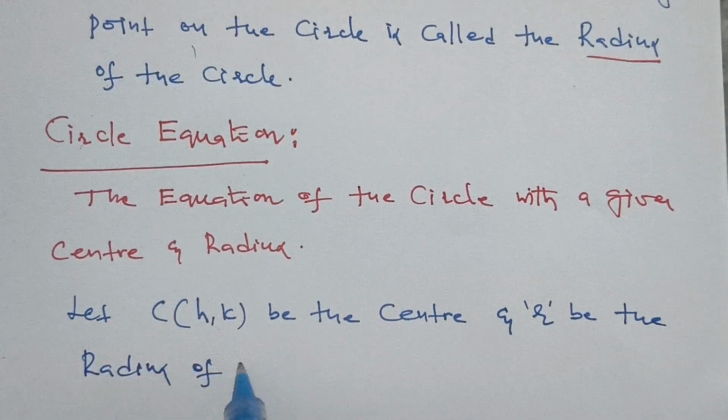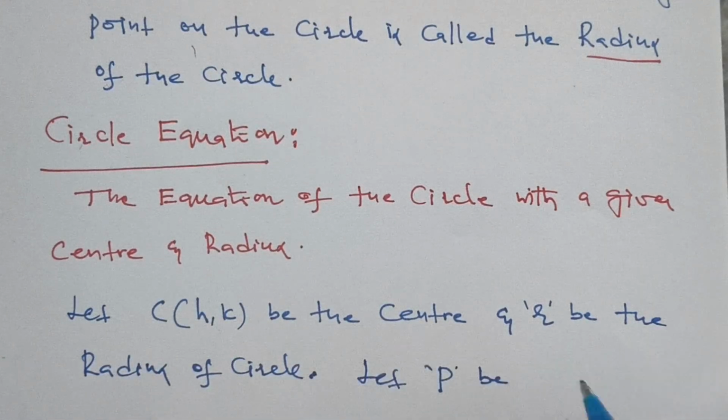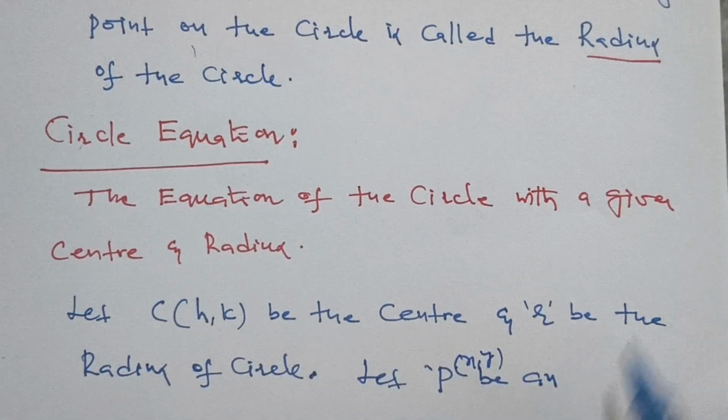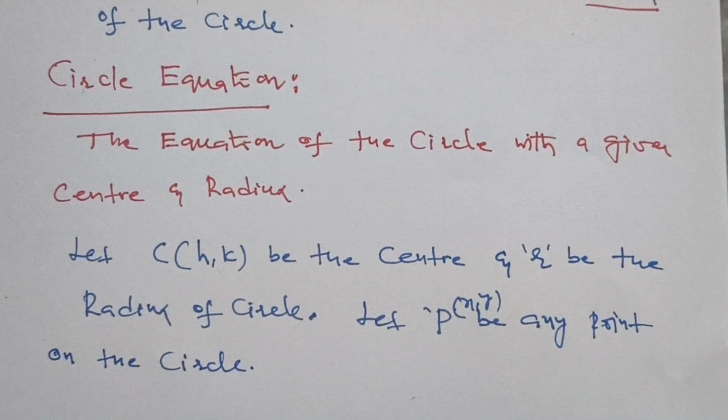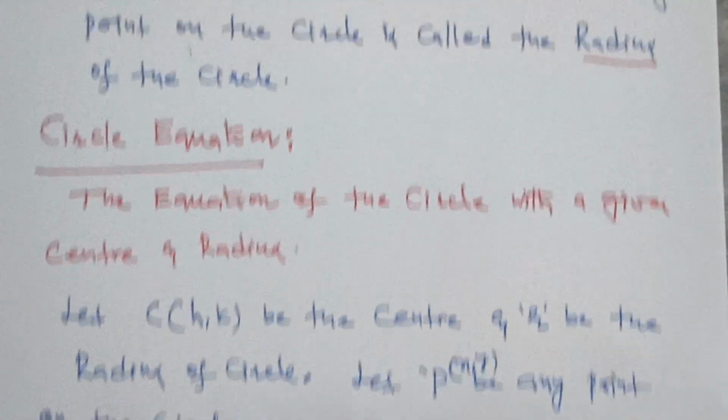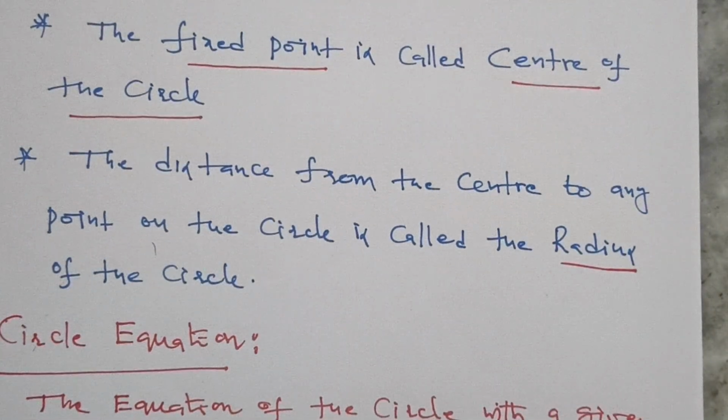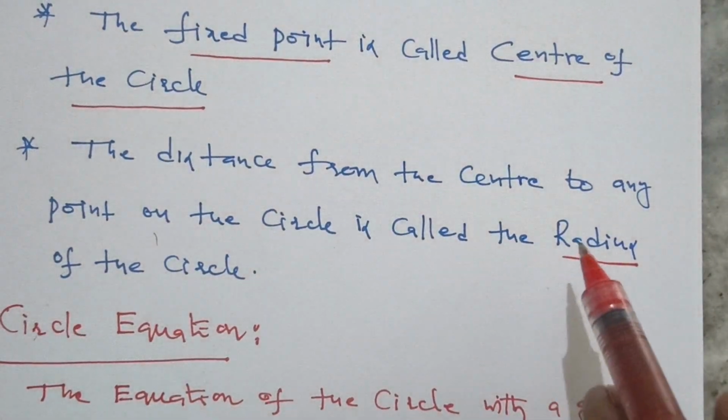We also take one more point: let P of x comma y be any point on the circle. From this information we derive the general form of the circle equation.